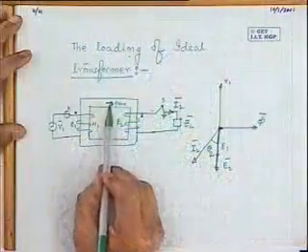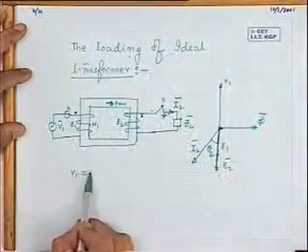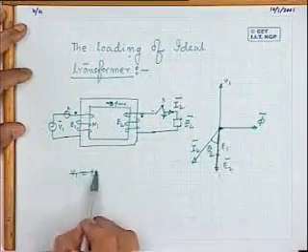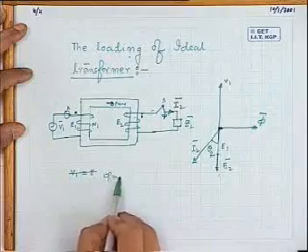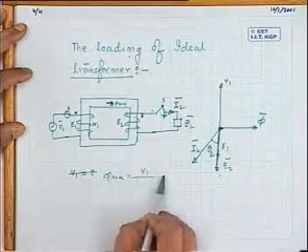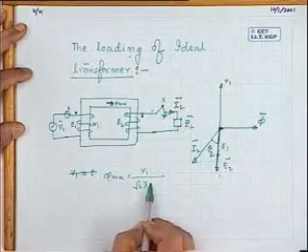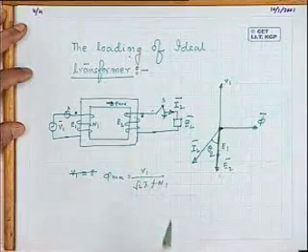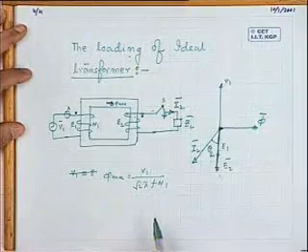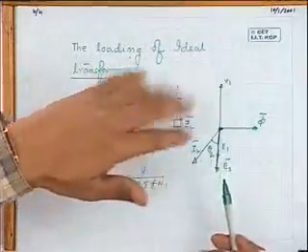Applied voltage should be equal to d phi by dt, no matter what you are doing on the secondary circuit, opening, closing, whatever you do here. The flux level in the core is to be this one, decided by this phi max, decided by V1 by root 2 pi f N1.